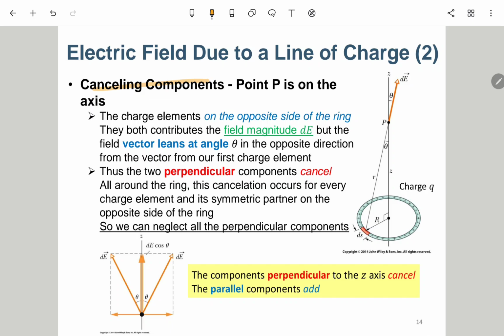But as much as we can by hand calculation, it has some symmetry, 就是有一些对称性, so that some of the components can be cancelled.